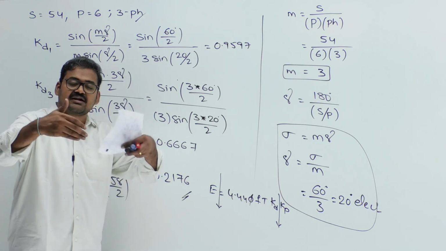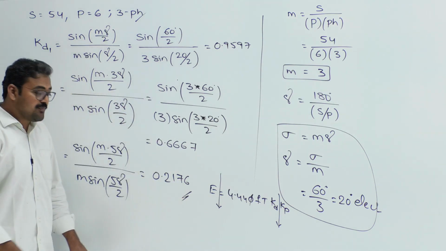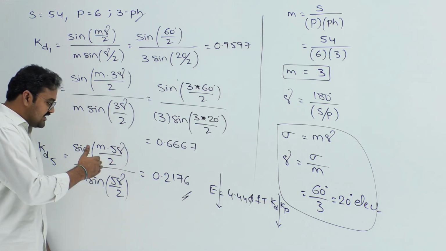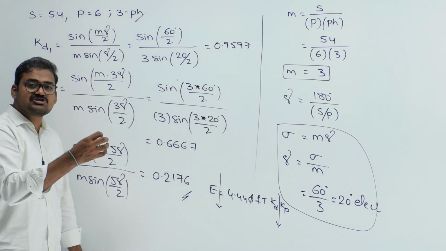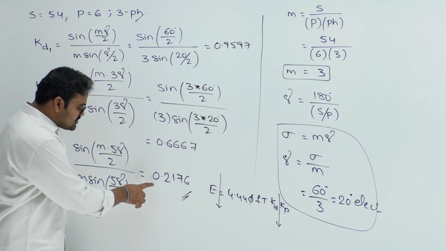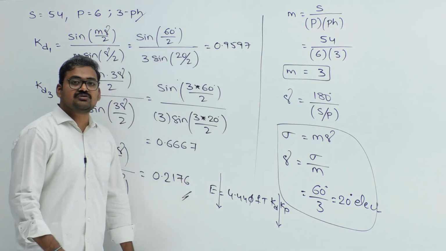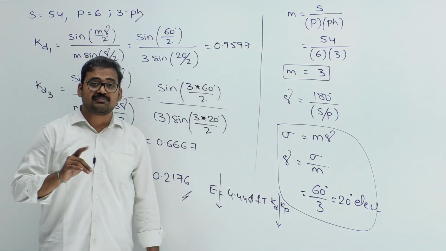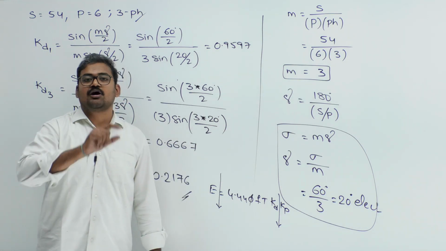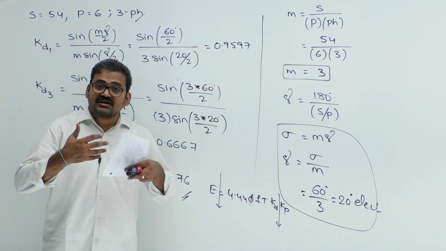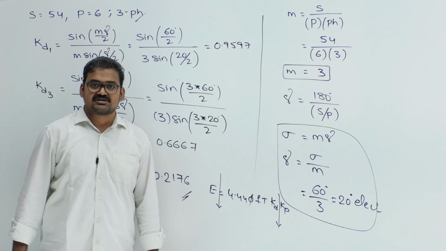As you go to higher and higher harmonics, the magnitude of the distribution factor will reduce. Suppose you calculate, let us say, the 11th harmonic or 13th harmonic, the distribution factor may be almost equal to 0. If the distribution factor is almost equal to 0, the corresponding EMF is also equal to 0. That's why always remember, distribution of the winding will reduce the magnitude of harmonic voltages. Concentrated winding will not reduce the magnitude of the harmonic voltages. Understand?